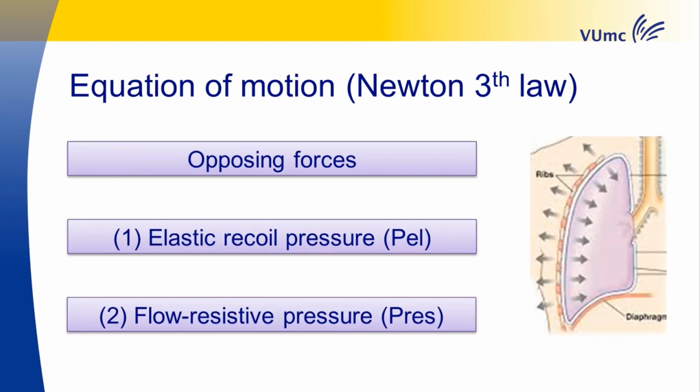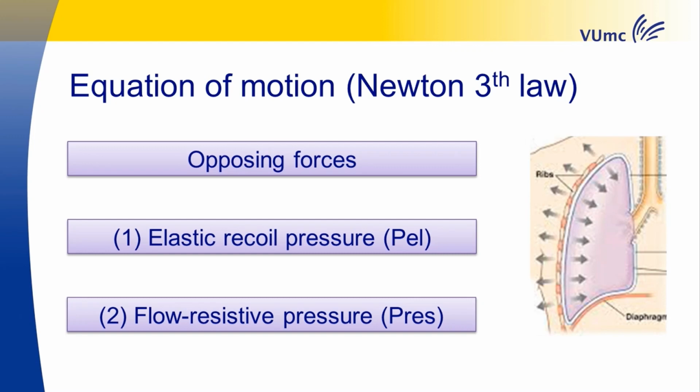What are the opposing forces? Because the lung doesn't want to expand. If you go to the literature, there are actually a lot of opposing forces. But we keep it simple today, and that's difficult enough already, I guess. There are two important opposing forces. The first one is the elastic recoil. Again, the lung doesn't want to expand, so we have to overcome the elastic recoil pressure.